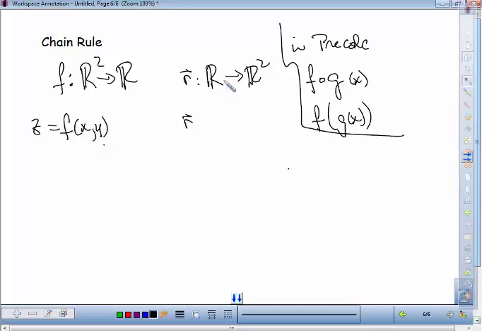Now here's my hint. The input is one, let me call it a parameter. The input is a scalar, a number. So r of just one variable, and it's a parameter. So what would be a good, a parametric vector.